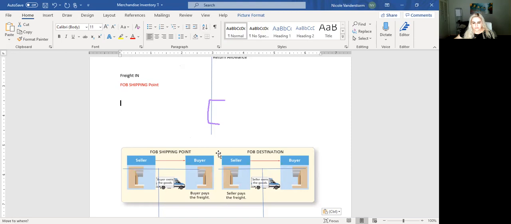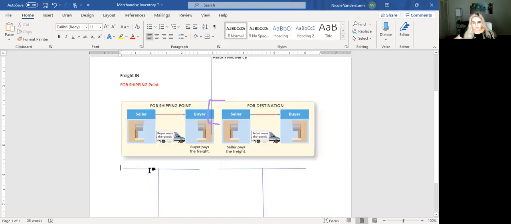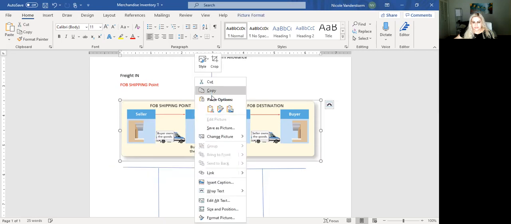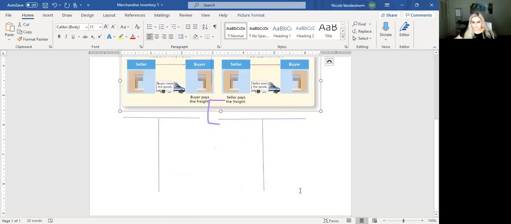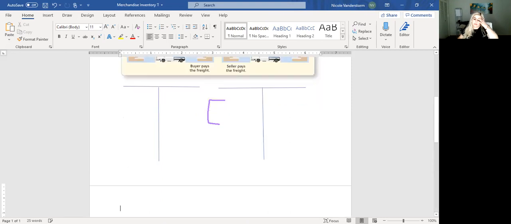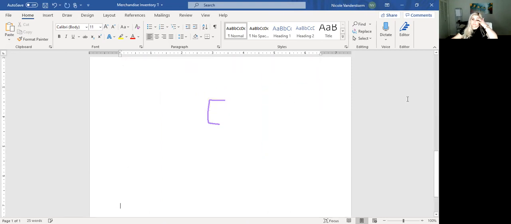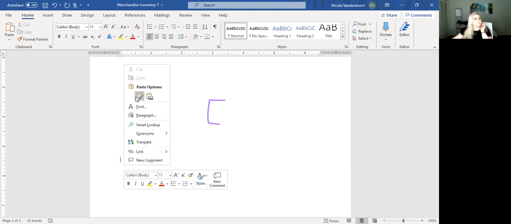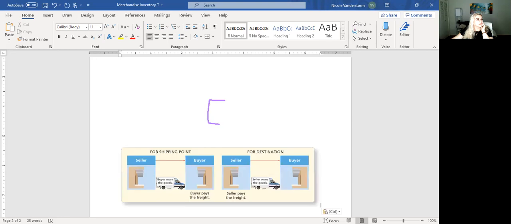I'm just going to put it on the next page so I can show you. And let me just take off these annotations.